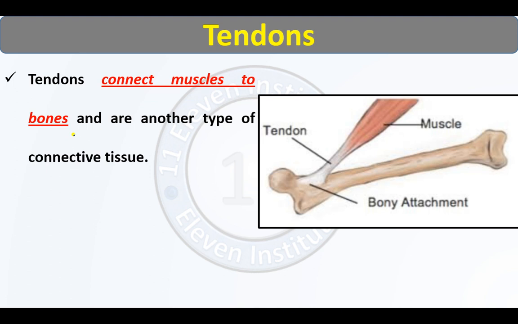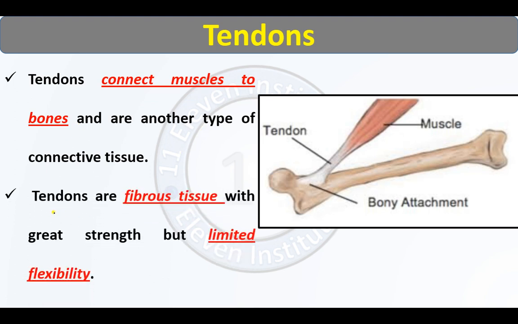Tendons connect muscles to bones and are another type of connective tissue. Tendons are fibrous tissue with great strength but limited flexibility. In the case of ligaments, they were very much elastic, or flexibility was more. In case of tendons, the flexibility is less.